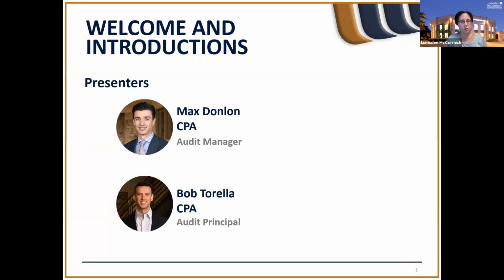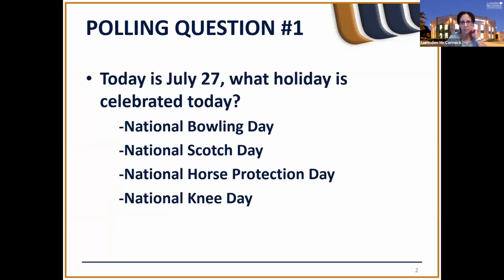Before I turn the program over to Max and Bob, I'm going to launch our first polling question. We tried to do something a little fun today, so you have to pick which day. Today is July 27th. What holiday is celebrated today? Just randomly pick, and we'll give this about another 30 seconds.